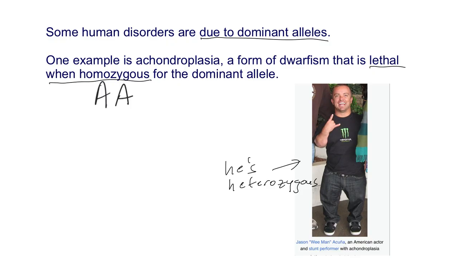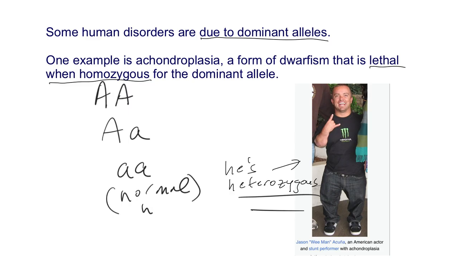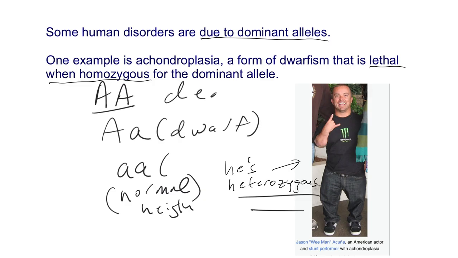But if you are heterozygous, you'll be a short little guy like this dude right here, but it won't kill you. And if you're little a, you're normal height. If you're heterozygous, you're a dwarf, and if you're homozygous dominant, you're dead.